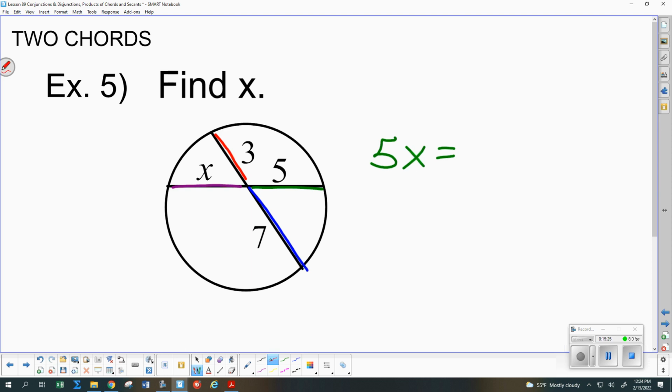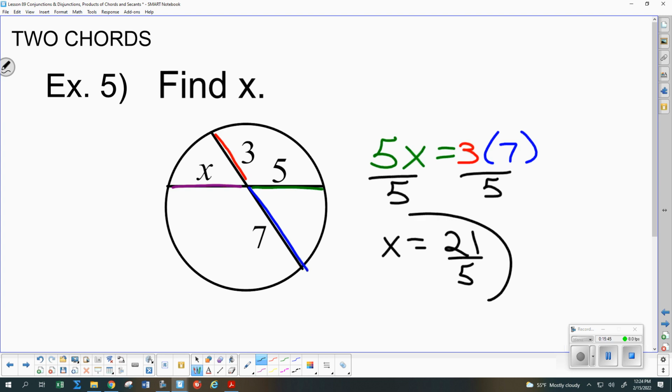So we have the 3 times the 7. So 5x is 21. If I want just x, what do I need to do to both sides, Caleb? So we're going to divide both sides by 5 and write down that x is 21 over 5 or 4.2. Pretty easy, right? Just got to remember, multiply straight across.